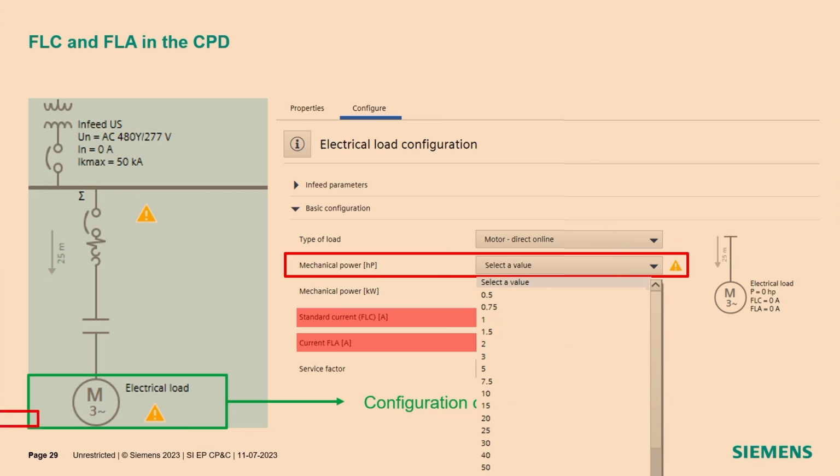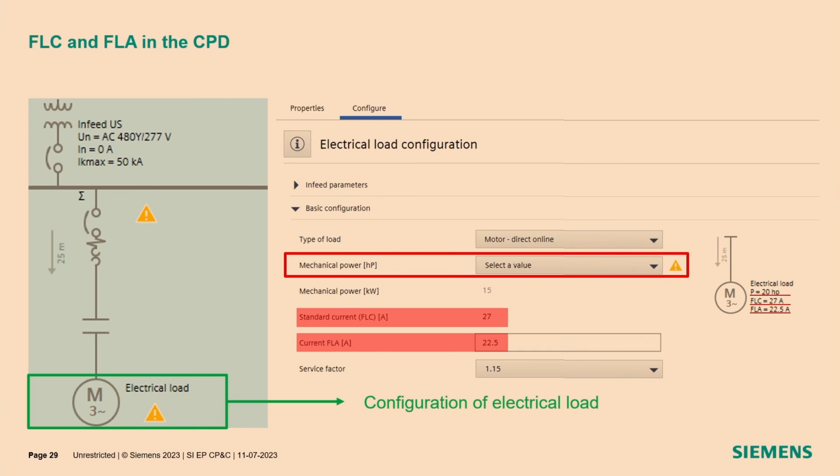Okay, but now as an example, I'm choosing 20 horsepower. As soon as I do this, the CPD goes into the standard and finds, concerning the voltage and the power, 27 amps as standard current. On the other side, it looks in the Siemens motor catalogs of all the UL tested motors.